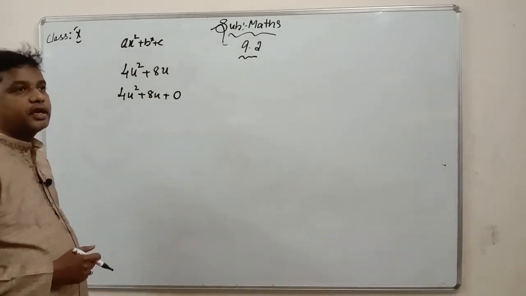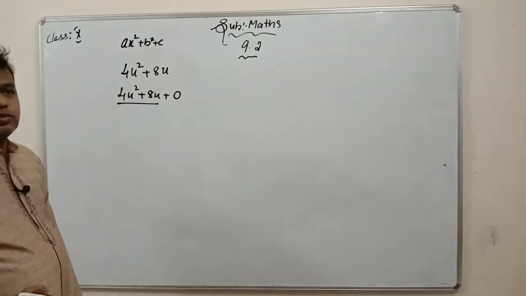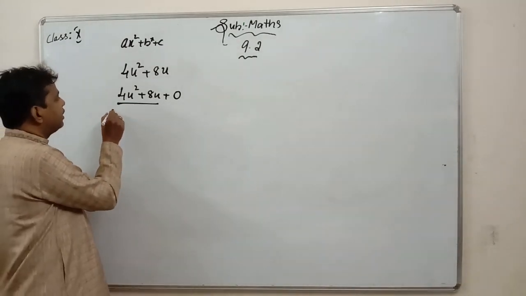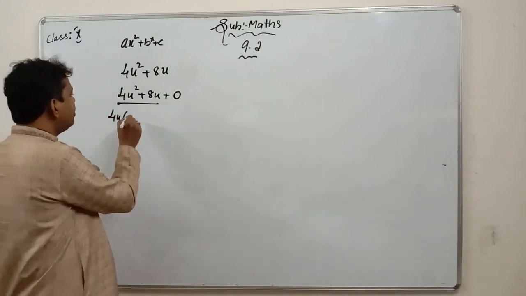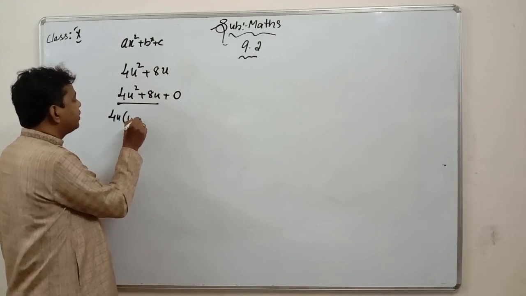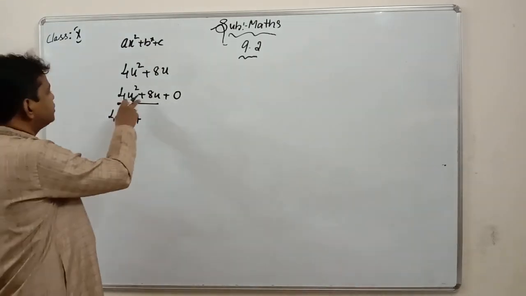Now I can take any one common in these two. Which one will we take common? Take 4u common, and the remaining is u plus what? Can anyone tell? See, 4u square plus 8u is there.